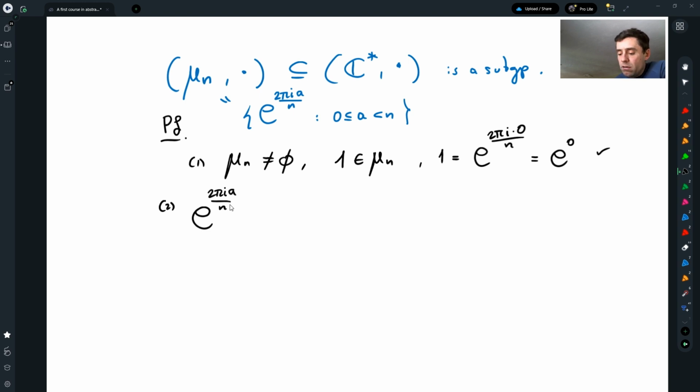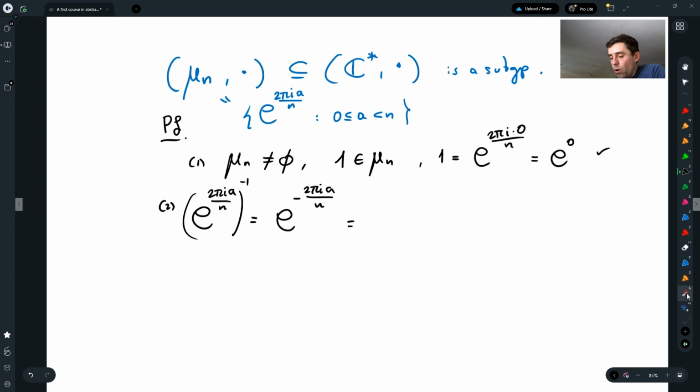It will be e^(-2 pi i a/n). And is that another number of this form? Well, yes, it is precisely e^(2 pi i (n-a)/n). Why?